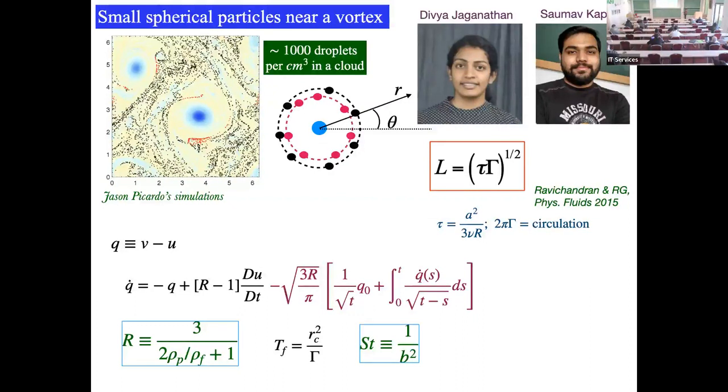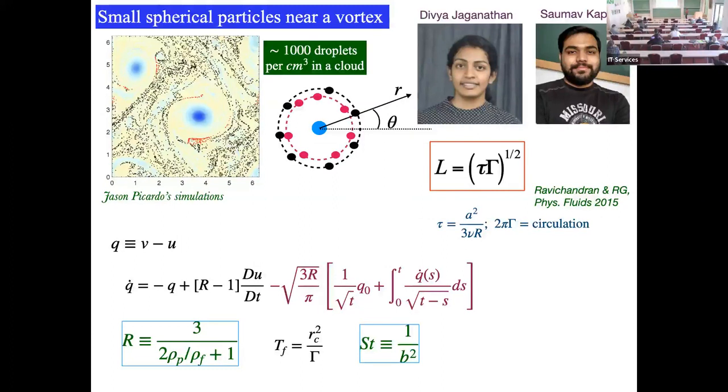This is effectively a way of representing the density ratio between particle and fluid. So if you have an extremely heavy particle where rho p, the particle's density, is way higher than the fluid density, then capital R will tend to 0. So remember that for an infinitely heavy particle, capital R is 0. And capital R is 1 when the particles are neutrally buoyant with the fluid. So that is to be remembered. We are going to talk about heavy particles where R is between 0 and 1.